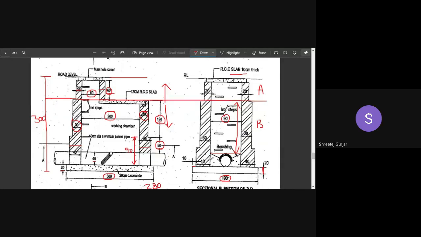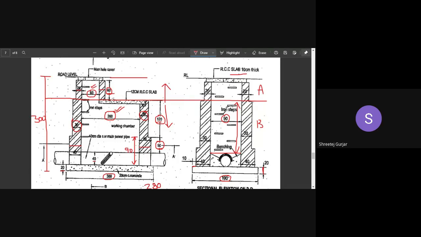Okay, 90 is the same. But your long wall length has changed. Now height is what? 60. Here height also is 60. Okay, so this is how you can divide your plastering work, below your roof slab and above your roof slab. So why have we divided? This is because the length of my long wall is varying, right? Below the roof slab it is 200, and above the roof slab it is 60.